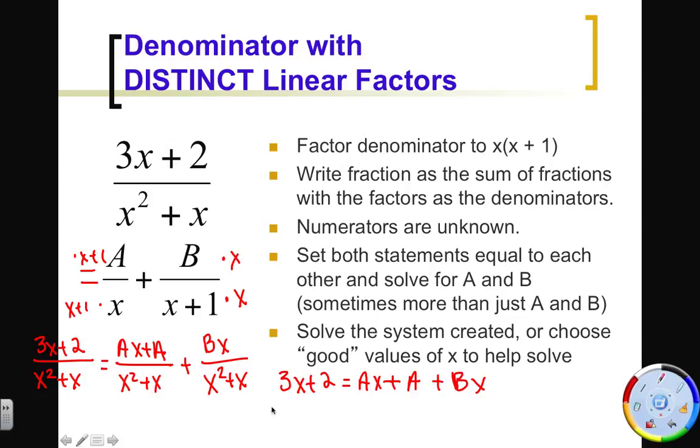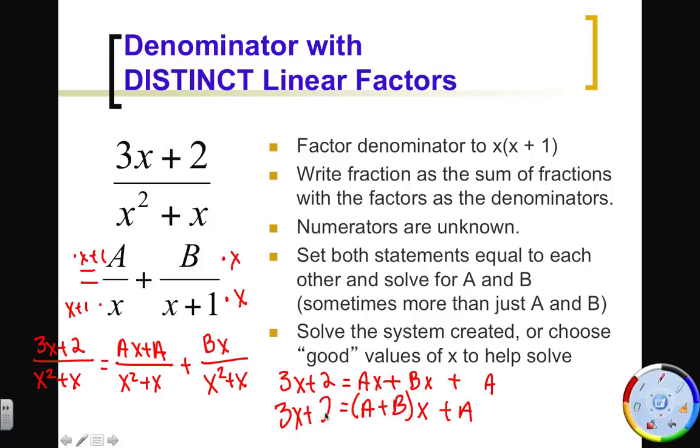Now I'm going to rearrange that right side a little bit. It's not really Ax plus A. I want it to read Ax plus Bx plus A. I'm even going to go a little farther and factor out the x and put the x at the end. So I get A plus B, times x, plus A.